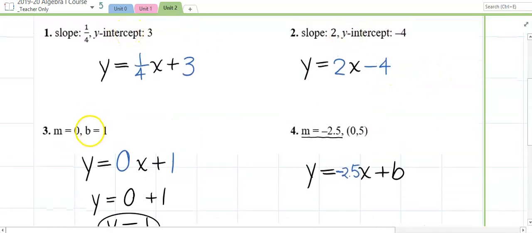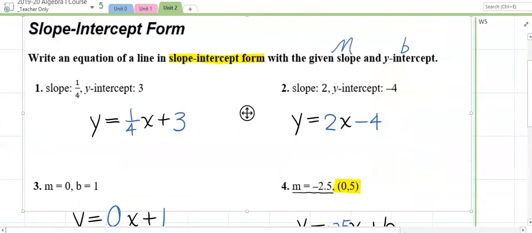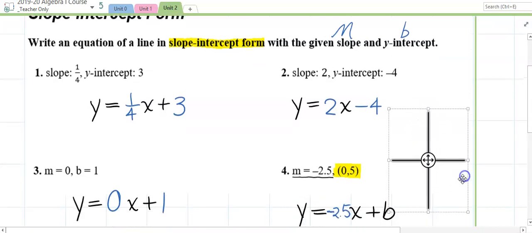They don't tell me that b equals a certain number like they did in 3. Instead, they give me this ordered pair. What does this ordered pair look like if we were to look at it on a graph?